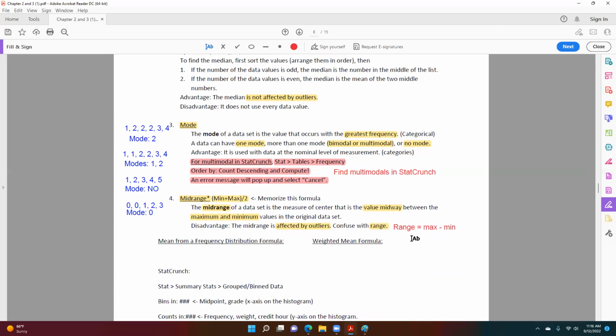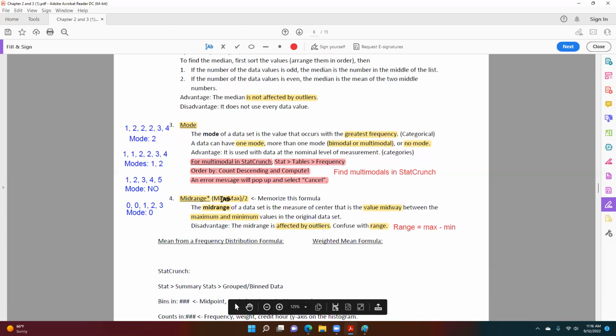The range formula is maximum minus minimum, which you will learn in 3.2. But for mid-range, make sure you know it's minimum plus maximum divided by 2. You don't subtract them, you add them and then divide by 2. And again, class, StatCrunch doesn't have mid-range, so you have to use this formula to find it.